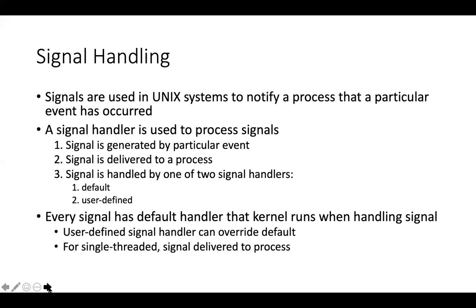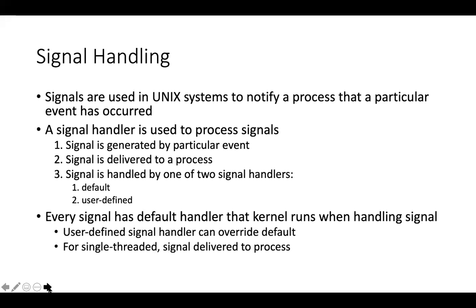Then there is signal handling. This is used in Unix systems to notify a process that a particular event has occurred, just like we mentioned earlier when we looked at system calls. Signal handling is similar to a system call, and the signal handler is used to process signals in three ways.